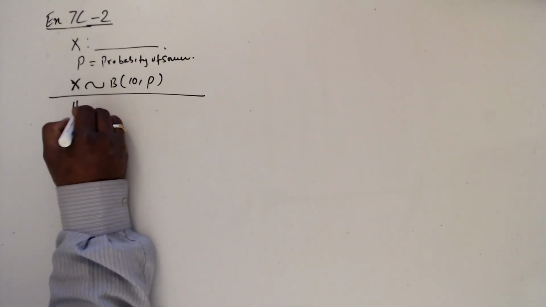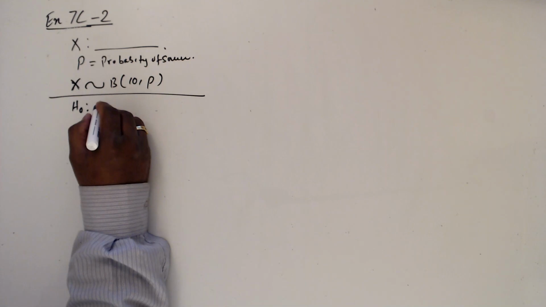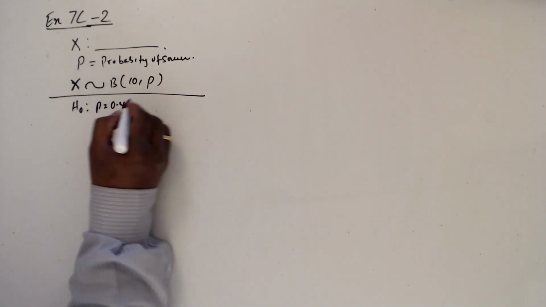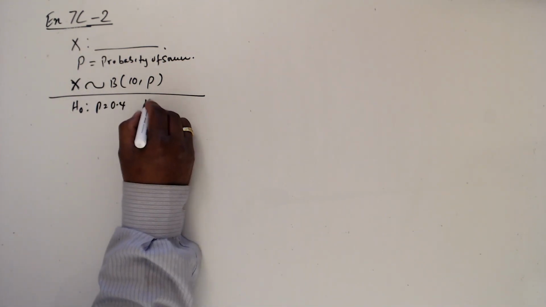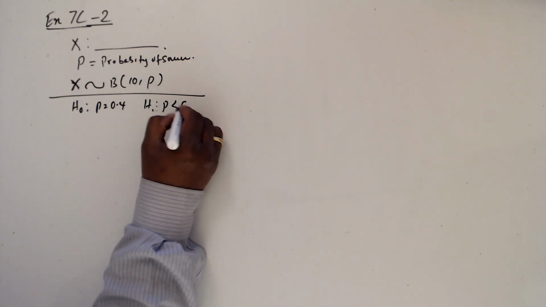Null hypothesis H0 is p equals 0.4 and alternative H1 is p less than 0.4.